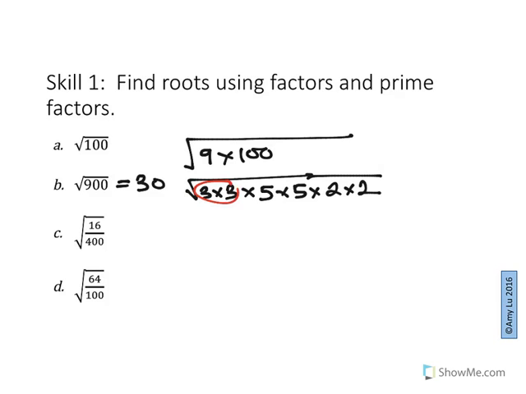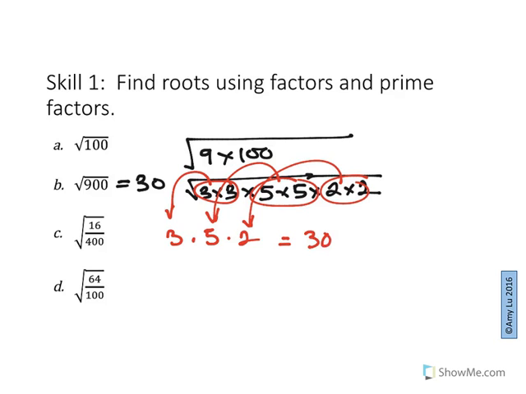And again, here's a 3, here's a 5, here's a 2. So 3 times 5 times 2 happens to make 30. So the square root of 900 is just plain 30.